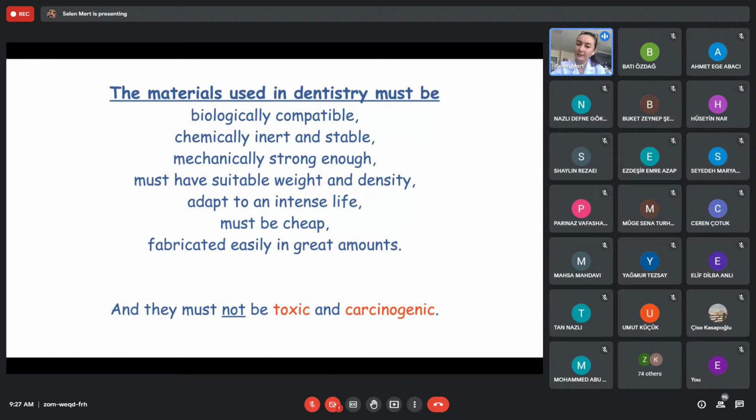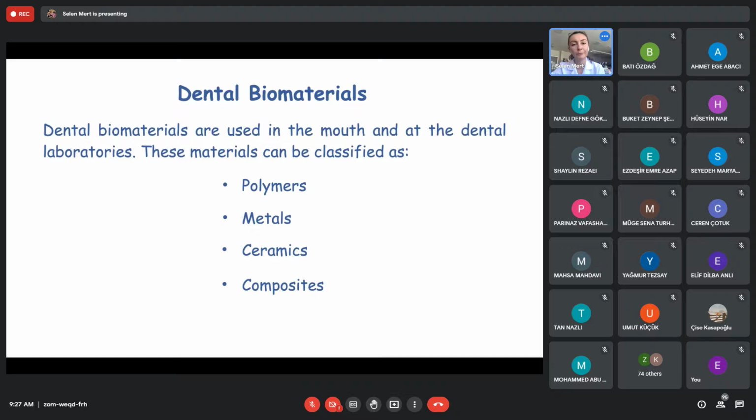They must have suitable weight and density and adapt to an intense life, because in the mouth there are many forces and many chemical environment changes. This is a really intense life, and our material should resist it. These materials must be cheap and fabricated easily in great amounts, and they shouldn't be toxic, carcinogenic, or mutagenic. We will see some slides later.